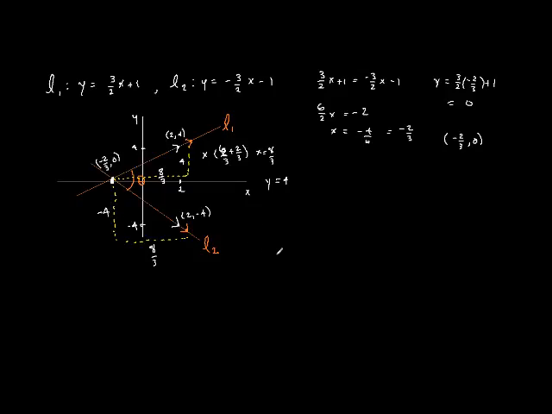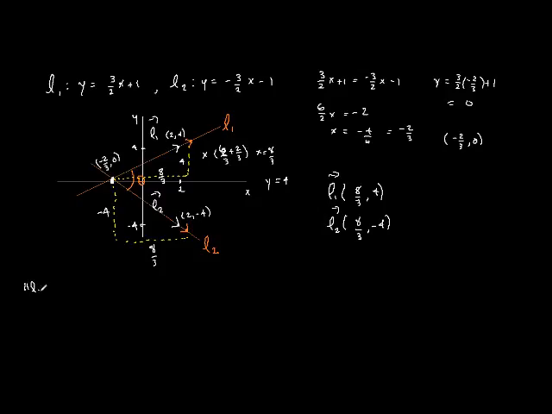Let's call this vector the vector on L2 and this the vector on L1. The L1 vector has components 8 over 3 and 4, while the L2 vector has components 8 over 3 and minus 4. Now using this I can find the magnitudes of L1 and L2.